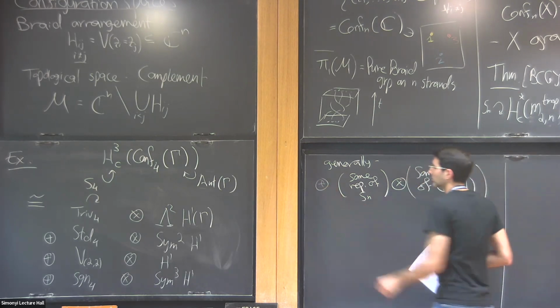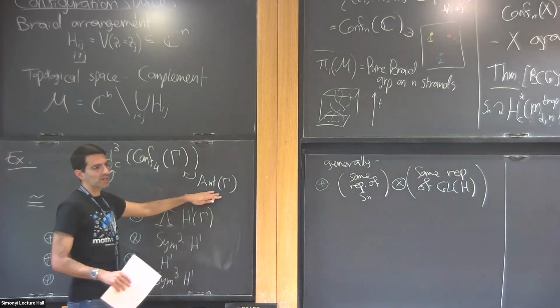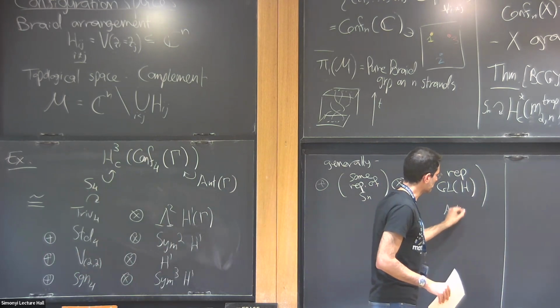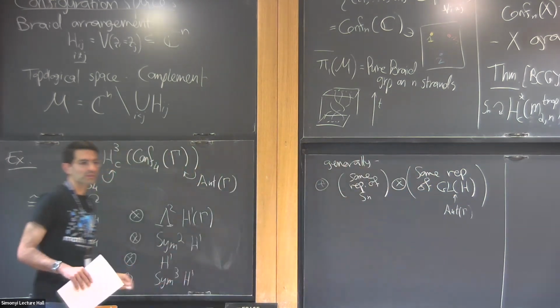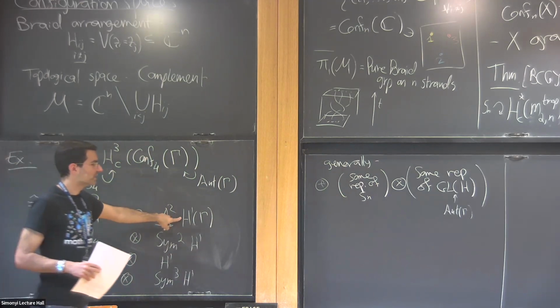You have a direct sum over those, and the automorphism group of the graph acts through its homomorphism to the general linear group of H1. So that's the general formula. Now we can take questions. What is H? H is the H1 of the graph.